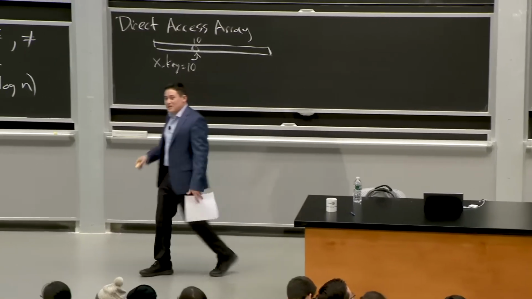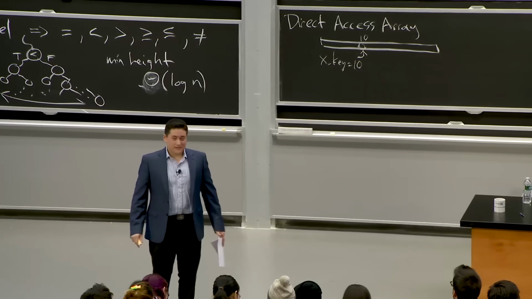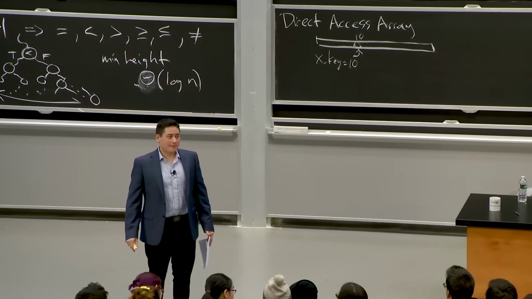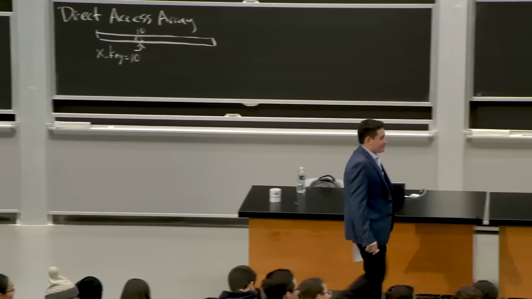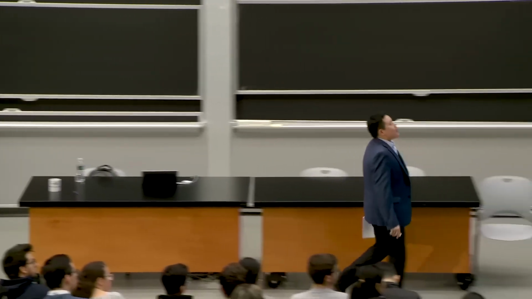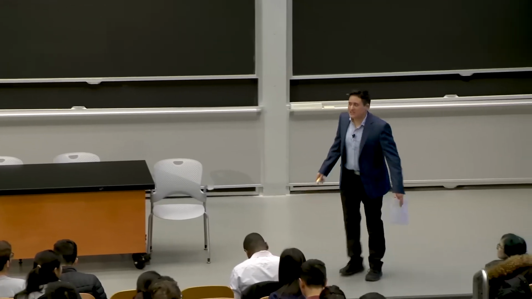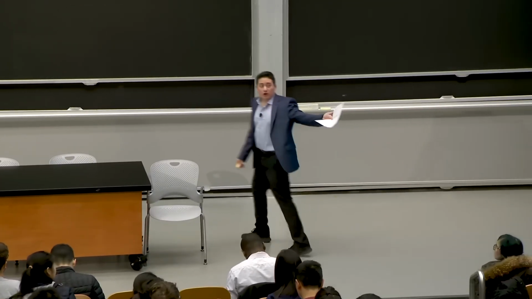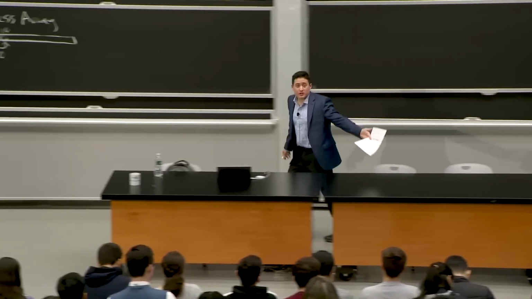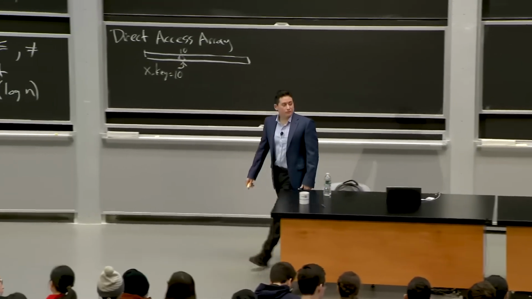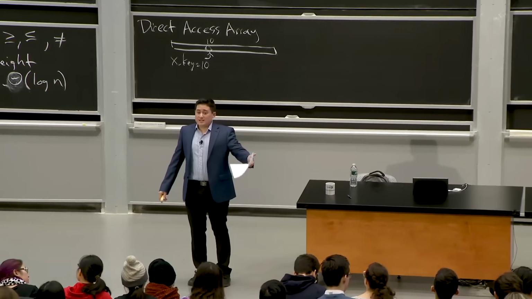OK, what's not amazing about this? Why don't we just do this all the time? Yeah? You don't know how high the numbers go? I don't know how high the numbers go, right? So let's say I'm storing a number associated with the 300 or 400 of you in this classroom, and I'm storing your MIT IDs.